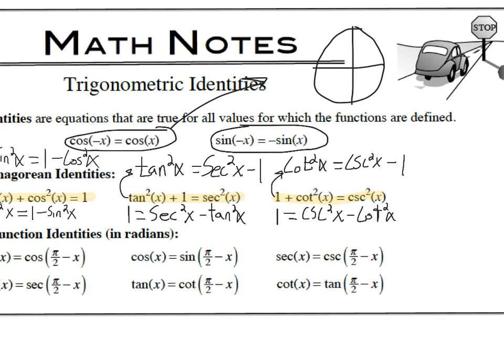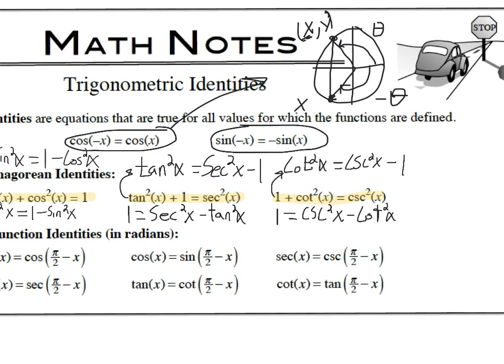If I go a certain direction with theta, this x coordinate right here is going to be the same as down here, and that's for a negative theta.